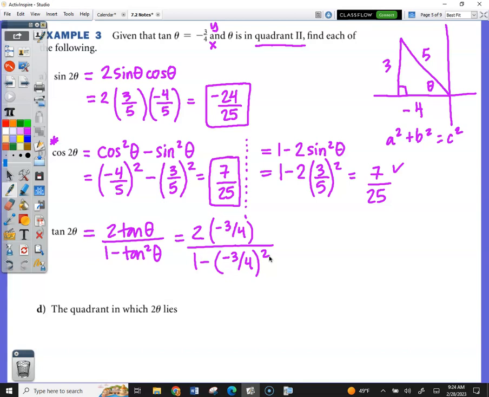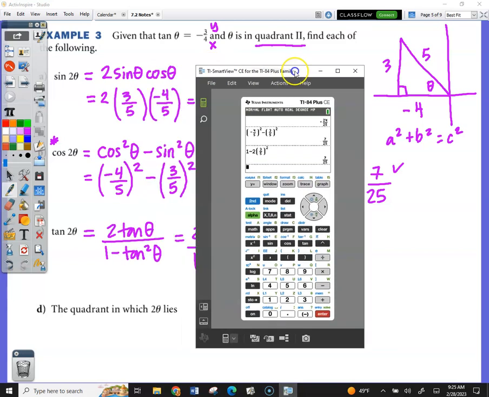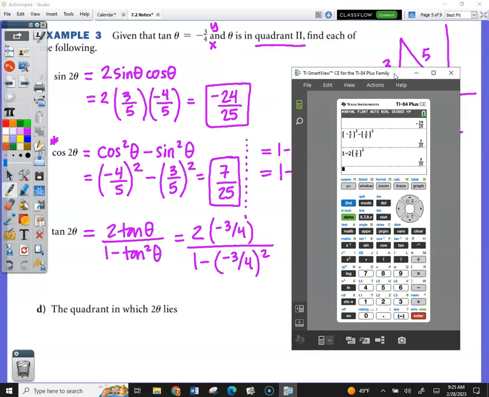It matters that you have the negative, if it is negative. When the negative does matter is when you're drawing your picture and then you're pulling sine or cosine. That's when negative matters. So now you have to carefully type this in your calculator, and you should get negative 24/7.